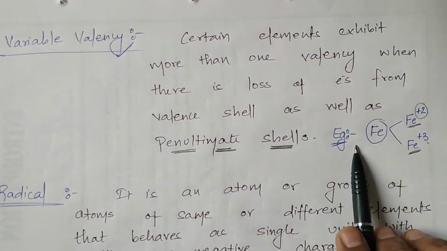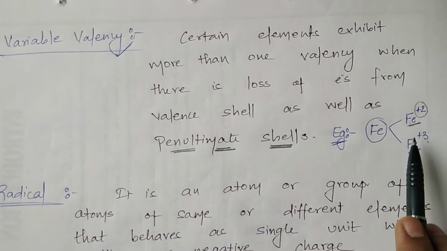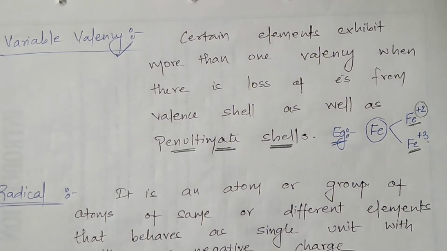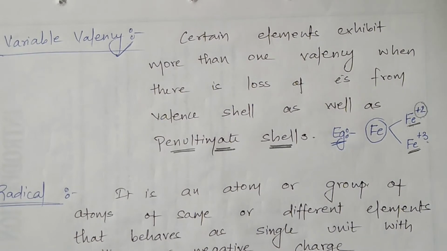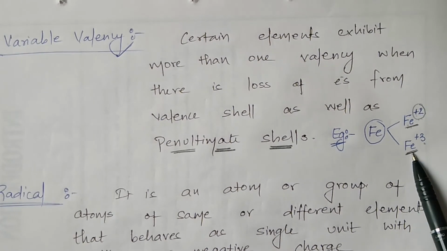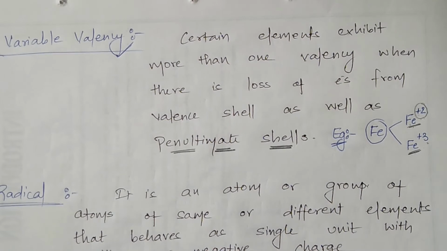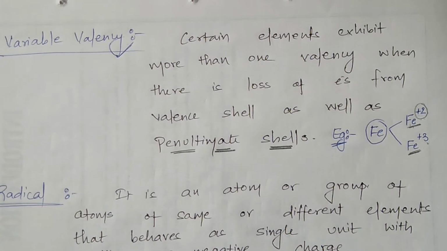Okay. So for example, iron has Fe plus 2 as well as Fe plus 3. The plus 2 state is acquired when valence electrons are donated, and the third electron is donated from the penultimate shell. Alright. So this is the concept of variable valency.